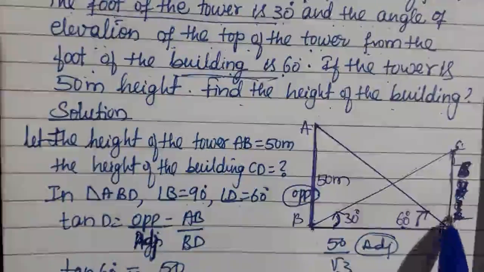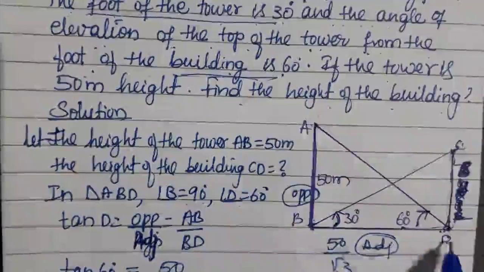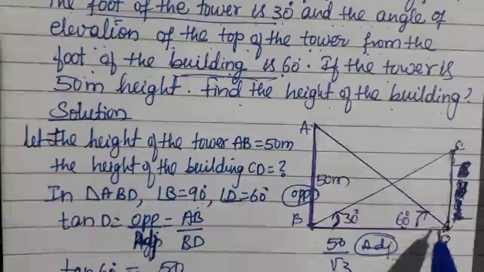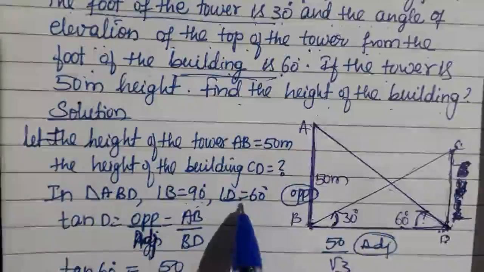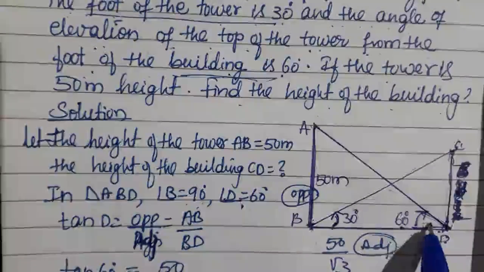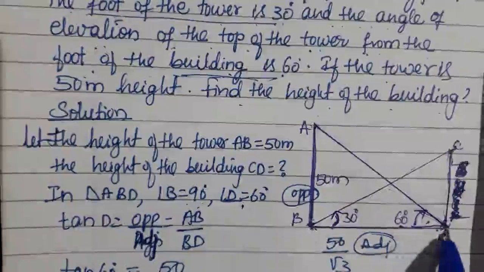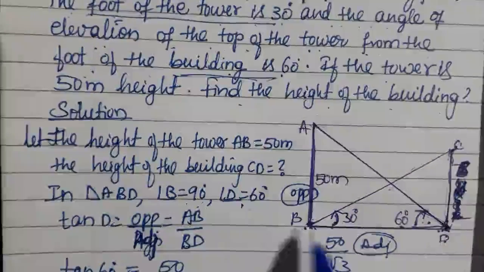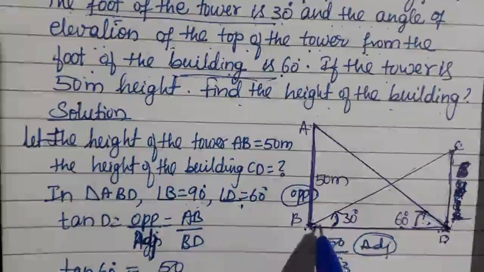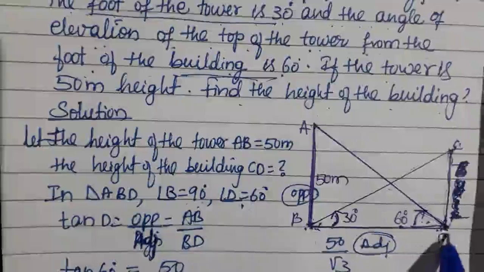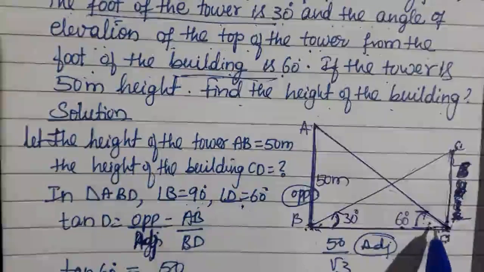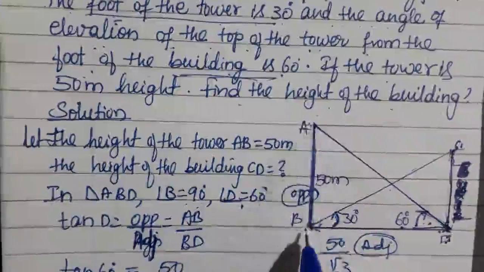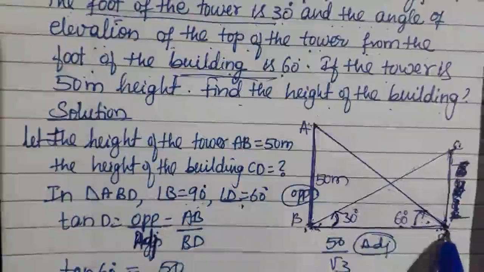You can notice this angle D, this angle of elevation, that is 60 degree. With reference to D, BD is adjacent, AB is opposite. So now with reference to D, I have got opposite 50 meter. Now I have to find adjacent BD.